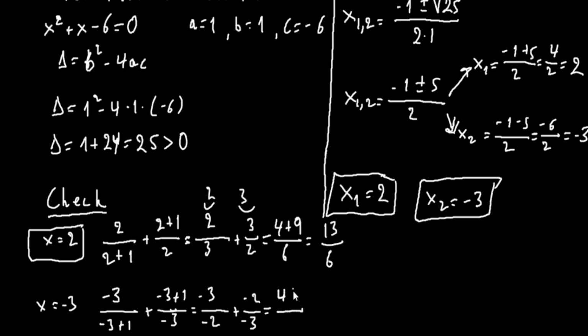So we have 4 plus 9 over 6 equals 13 over 6. We have 3 times and 2 times here. So x equals minus 3, we can use it as a solution.